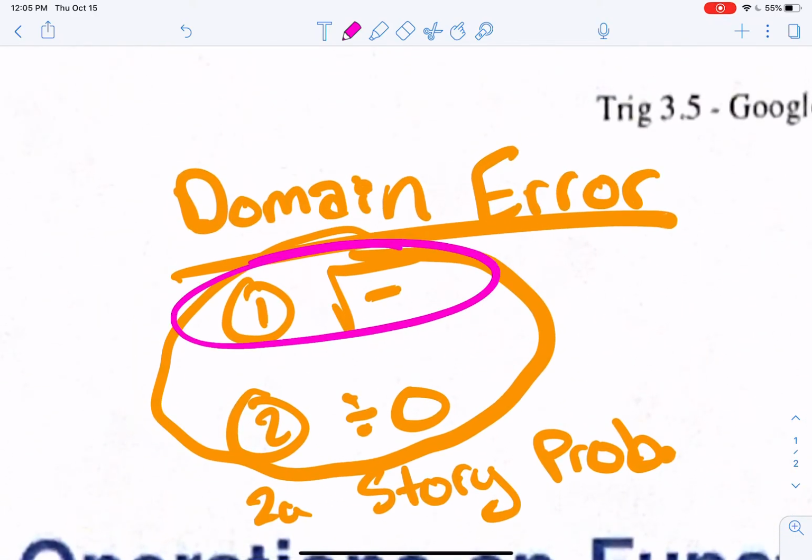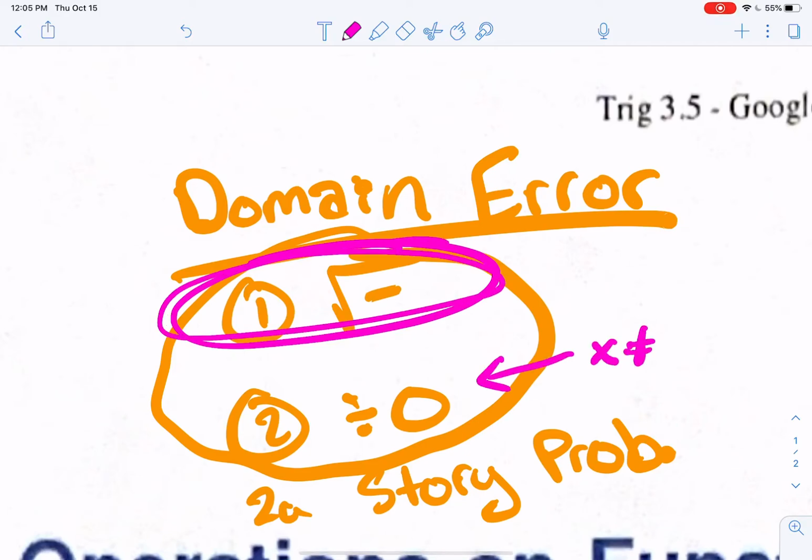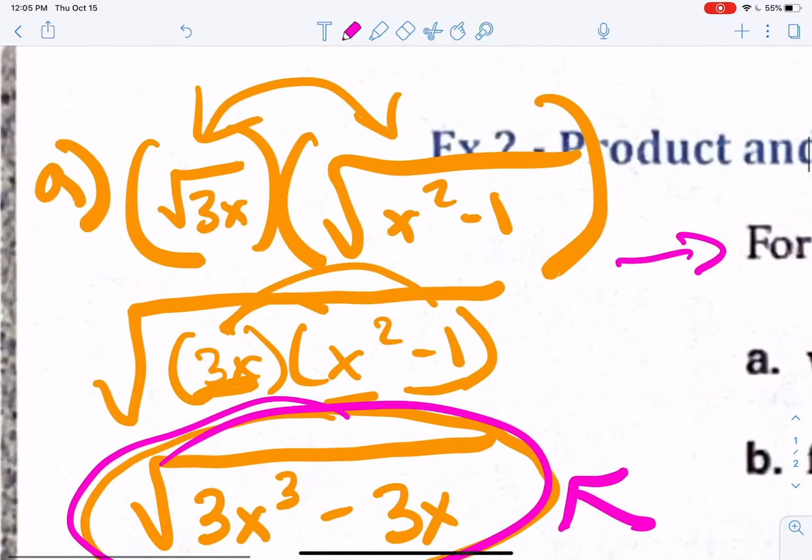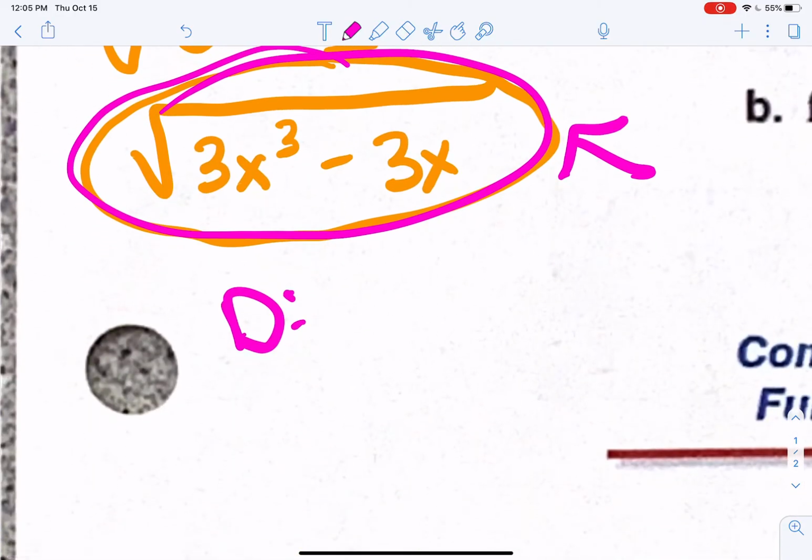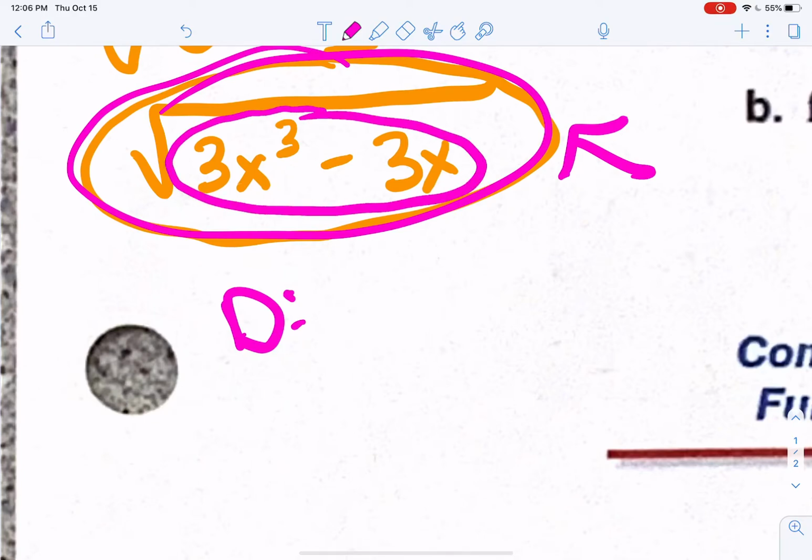This one takes a little bit more work than this one. This one you're just trying to figure out what x cannot be equal to. This one is kind of a range of values that x can and cannot be. So down here, we know that this stuff inside of here cannot be a negative number, whatever that comes out to be. It cannot be negative because we cannot take the square root of that if it is negative.